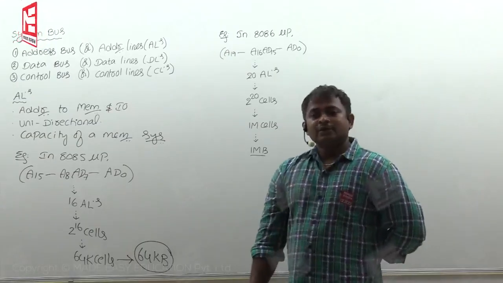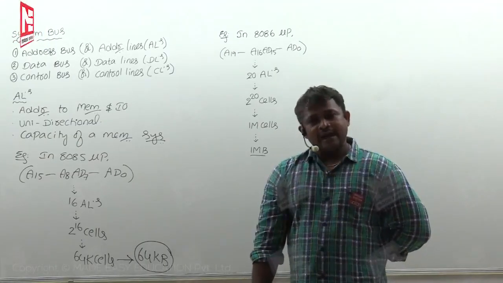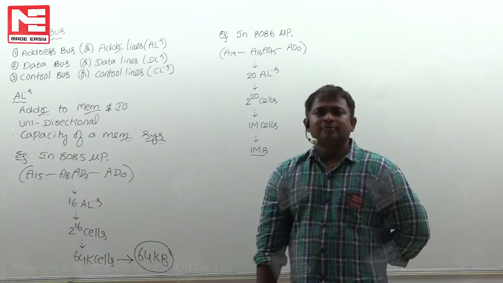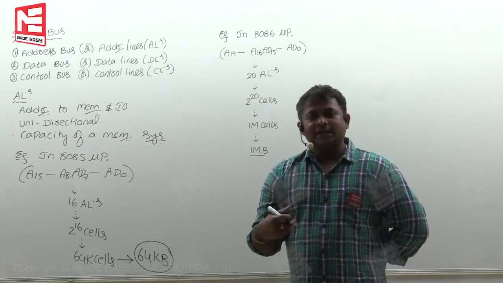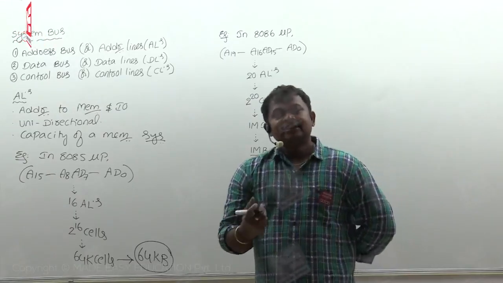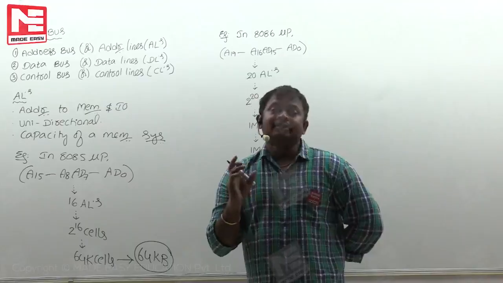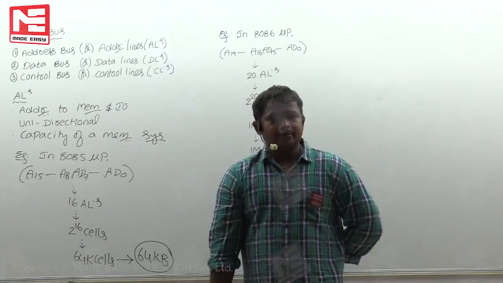System supports 2 GB RAM, expandable up to 32 GB. What is its meaning? 2 GB RAM means right now the system has 2 GB RAM, so 31 address pins are programmed.